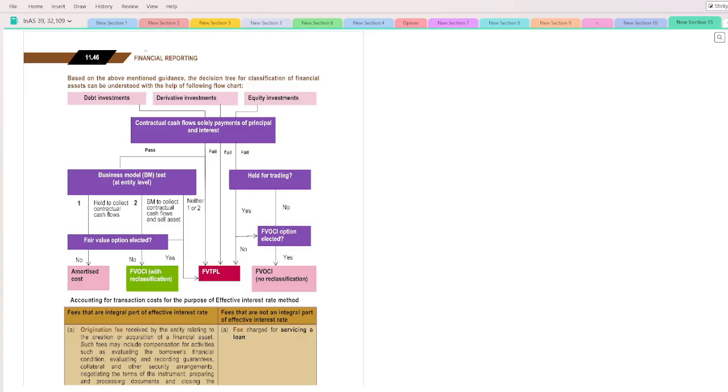If it is not held for trading and you have taken the exception, like the option that the long-term investment is there, and you have taken the exception for FVOCI, then it will be classified under FVOCI. Otherwise, if you haven't taken the exception, then it will be coming under FVTPL. This arrow should be opposite here, so this arrow will not be there.